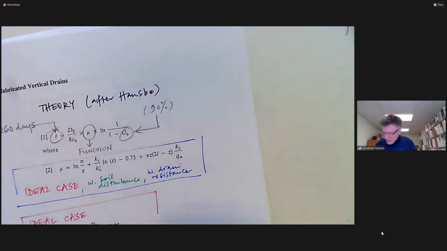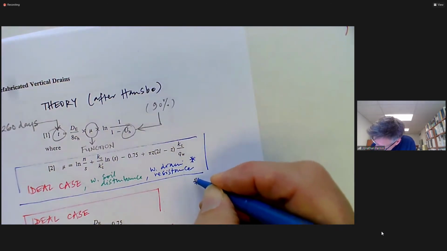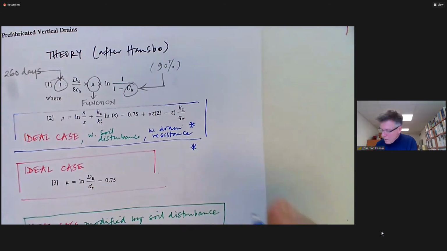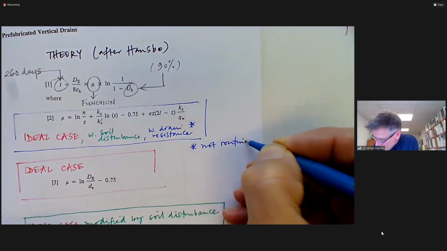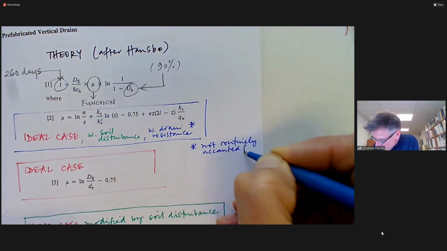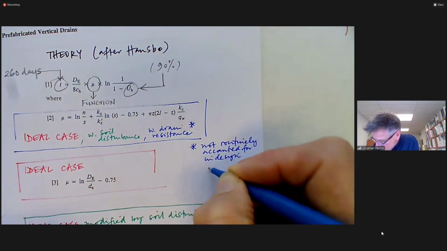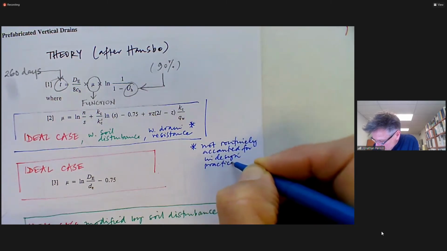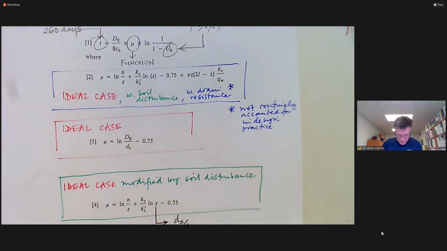This, I'm going to make a little note here, is not routinely accounted for in design practice. Okay. So there are three cases, and let's pursue them now.